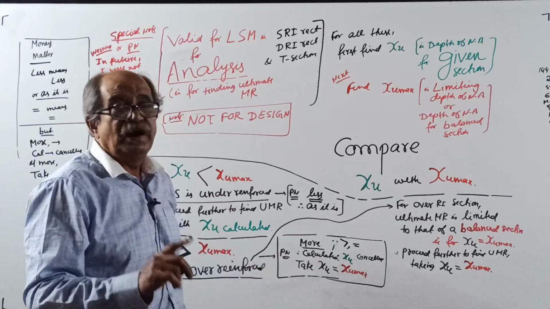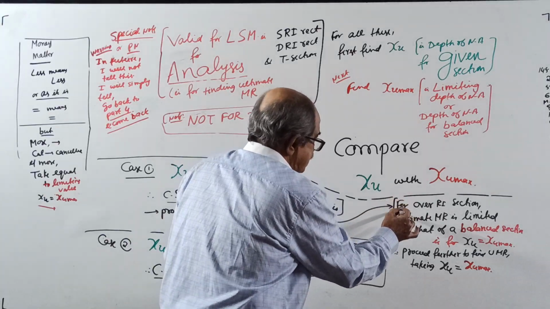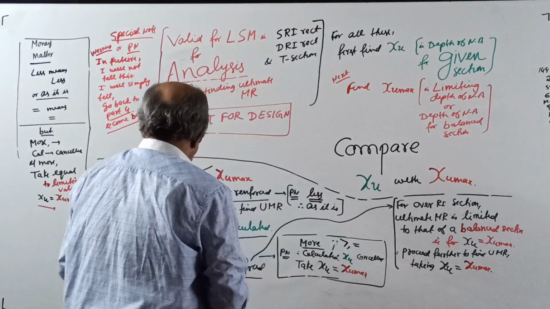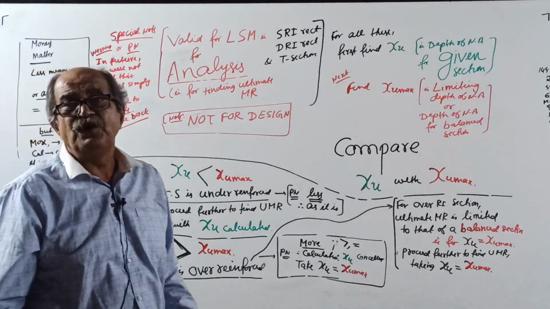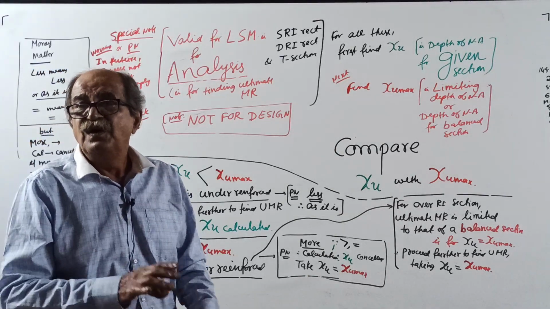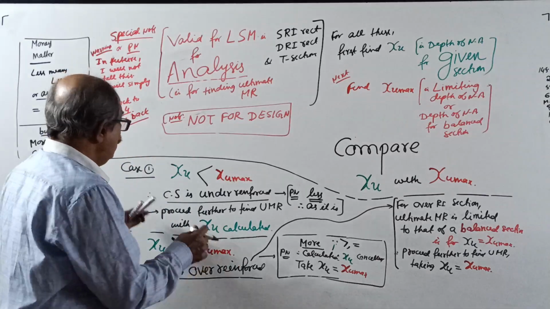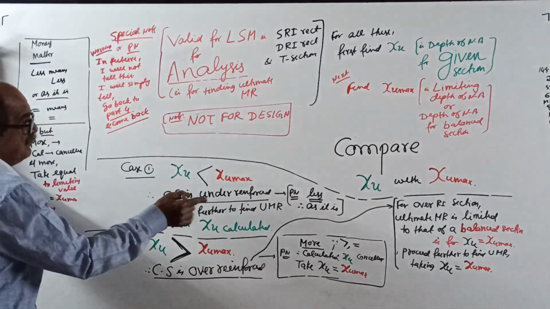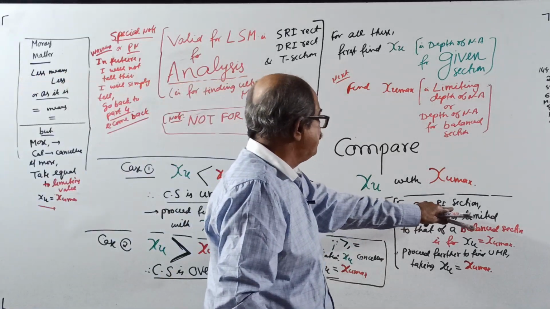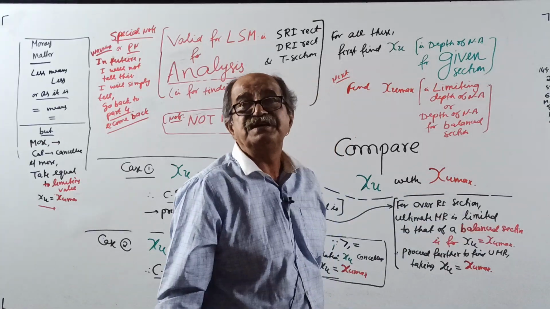Now, if you write in an examination, one statement you have to write. No statement is required for under reinforced section, because there is no logic required there. Less means less, therefore no problem. One more note I will give you: for over reinforced section, ultimate MR is limited to that of a balanced section.